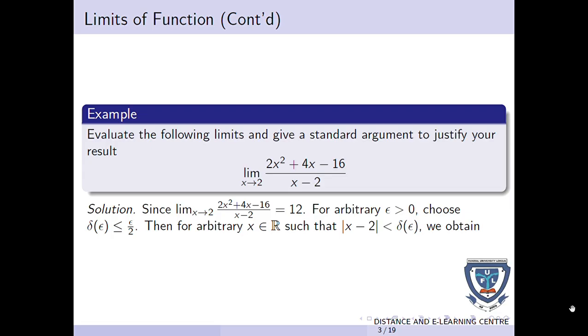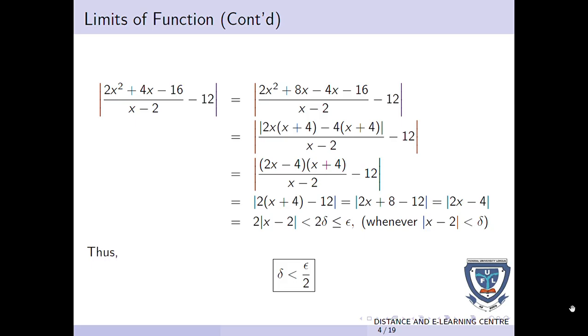However, for arbitrary x in R such that the absolute value of x minus 2 is less than delta, which depends on epsilon, we obtain that the absolute value of 2x squared plus 4x minus 16 all over x minus 2, minus 12, is equal to, now this expression here is actually from the definition of limits of functions, and when you evaluate the absolute value properly, you discover that you are going to have 2 times the absolute value of x minus 2, and that will be less than 2 delta because the absolute value of x minus 2 is less than delta.